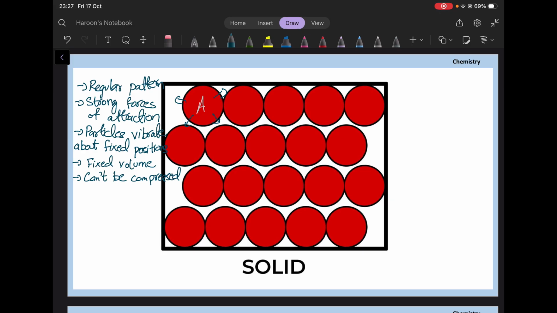But for solids, if we have, let's say, a metal cube, it will be the same shape whether you put it in a jug, a glass, or any other container. So solids have a fixed shape. They do not take the shape of the container. So these are the general properties that are examinable for solids. You need to memorize all these properties.